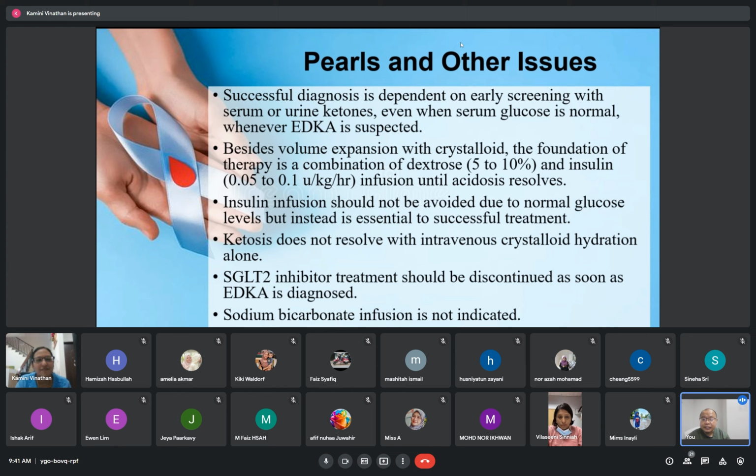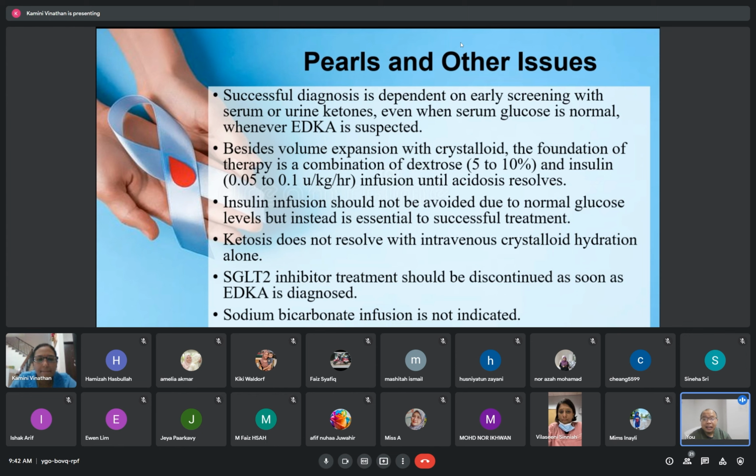And like any other DKA, sodium bicarbonate infusion is always not indicated. But everybody always goes to sodium bicarbonate. But no, it's not indicated. It's not the treatment, because you're not treating the underlying cause of DKA. You need to stop the ketosis, the ketone production, and then the acidosis will improve.